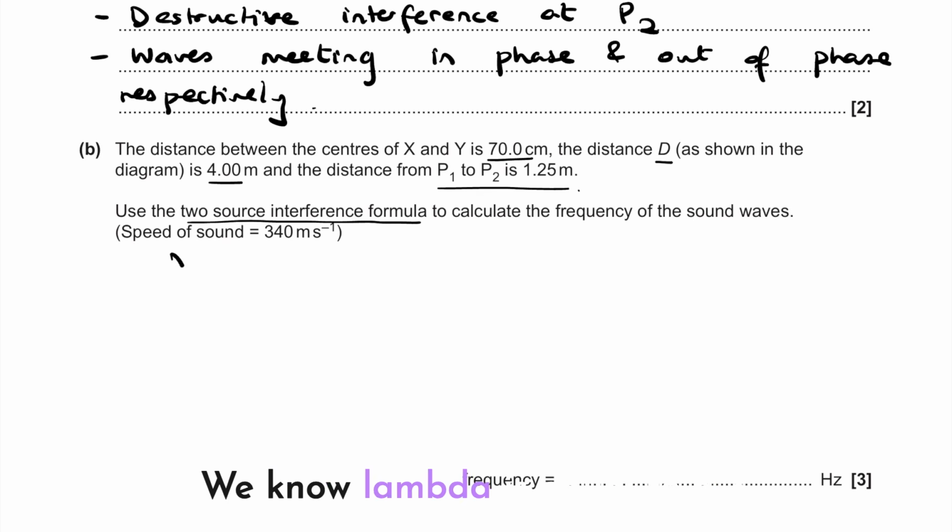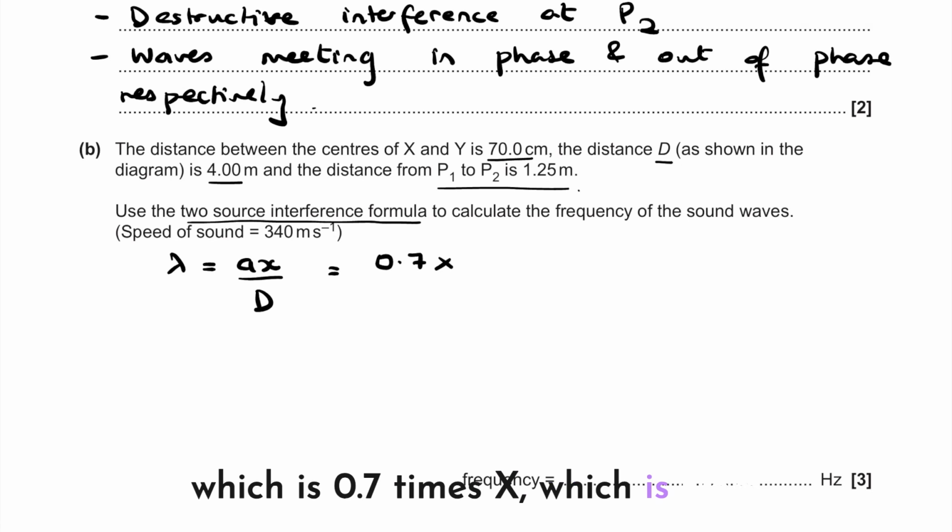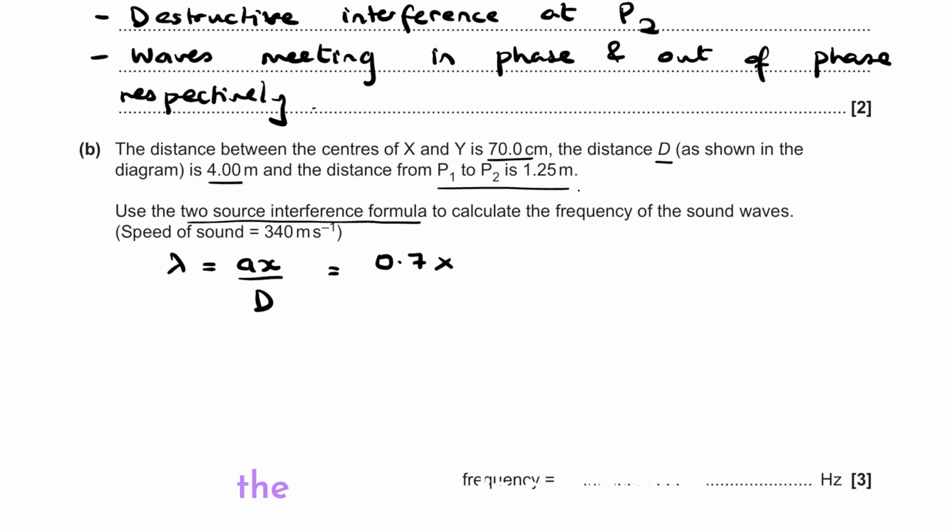We know lambda is equal to AX over D. And A is 70 centimeters, which is 0.7, times X, which is from the maximum to a minimum.